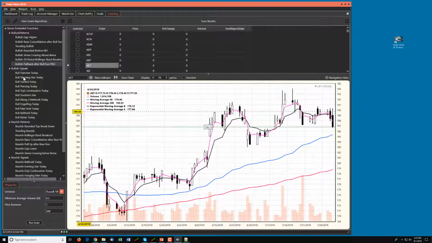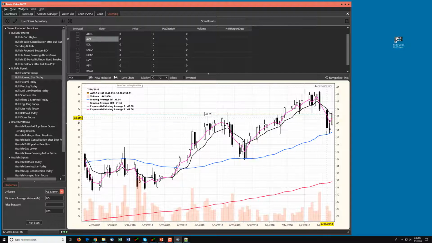And again, you have signals. So for example, if you want to look at Morningstar signals, and let's look at the entire US market, same filters, 500,000 shares per day between 1 and 200. And I know this was one I was looking at earlier today. Here's a nice Morningstar. I'm not sure if ARQL is.